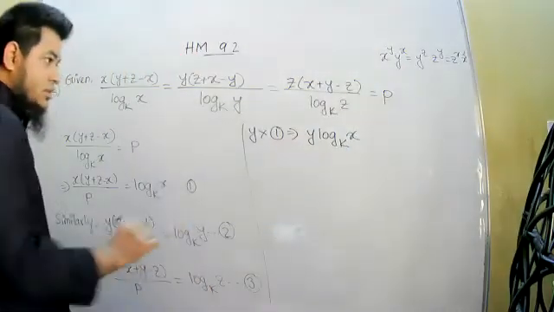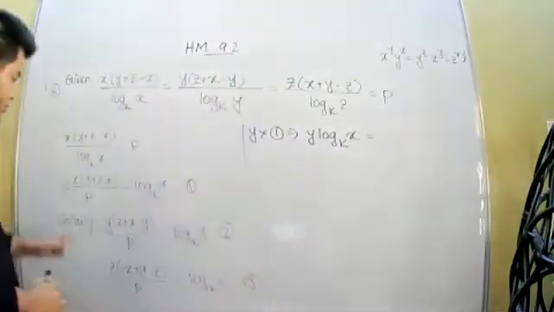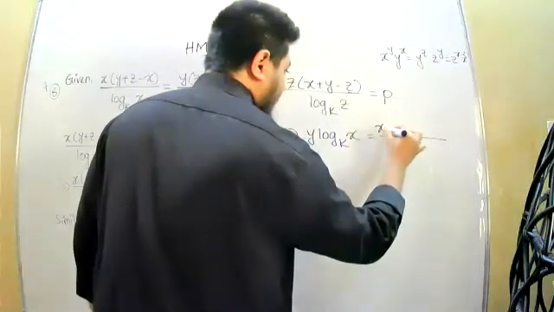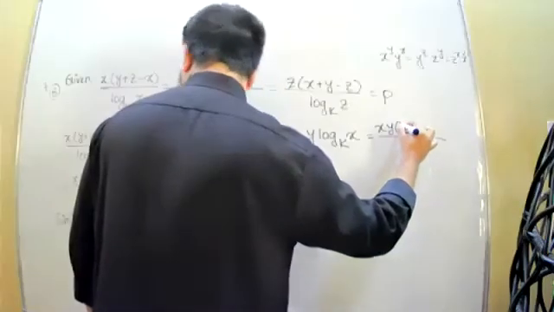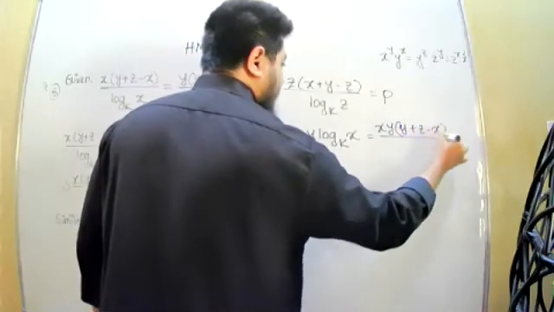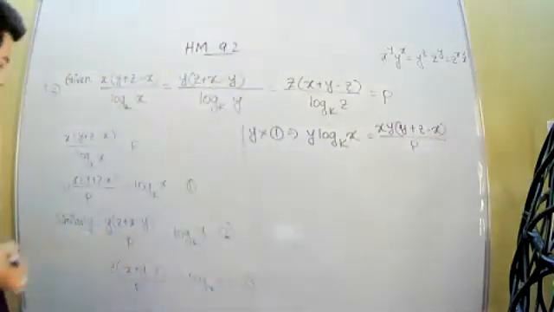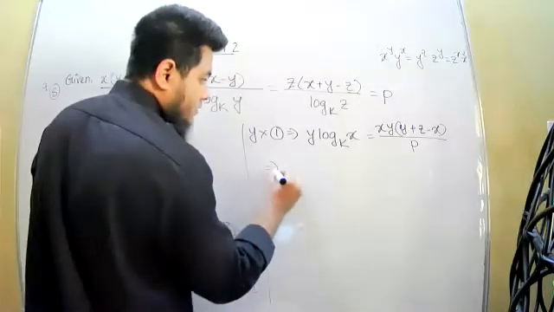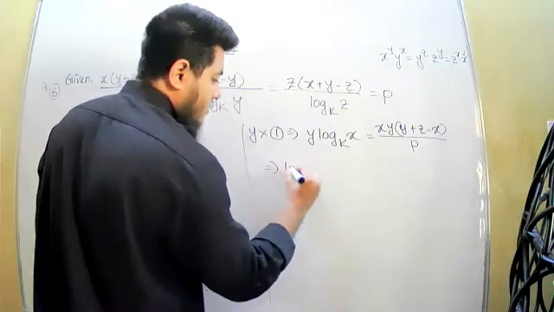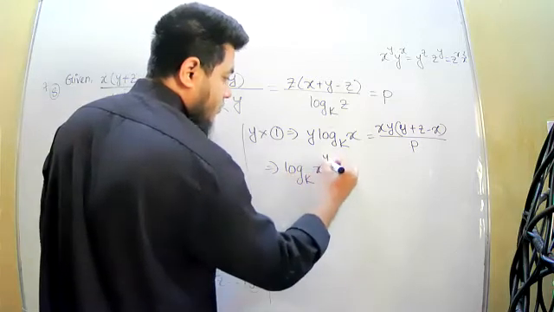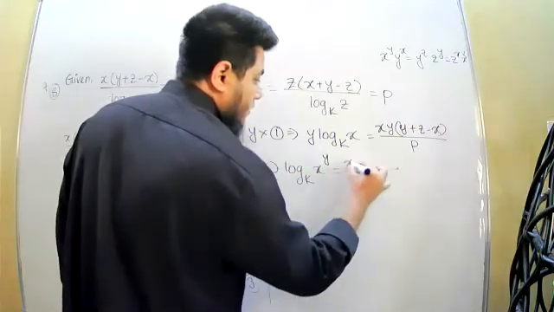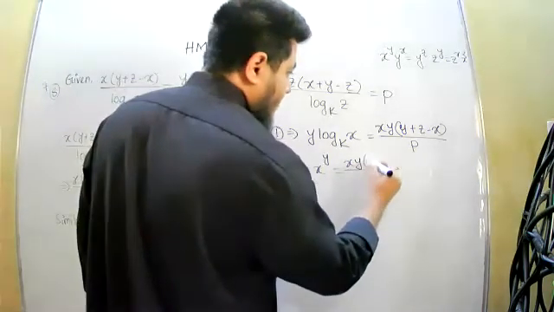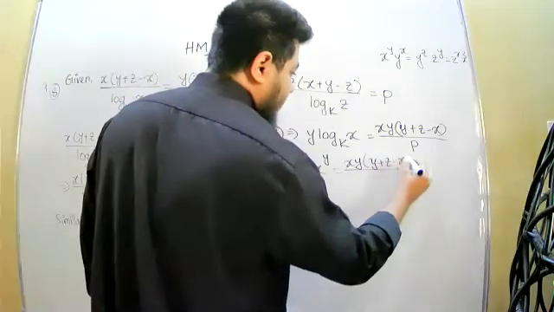That is the advantage. So it will be equal to, y has to be multiplied on this side also, so I will write xy into y plus z minus x divided by p. So here also I have multiplied y. So it will be log k base x to the power y equal to xy into y plus z minus x.